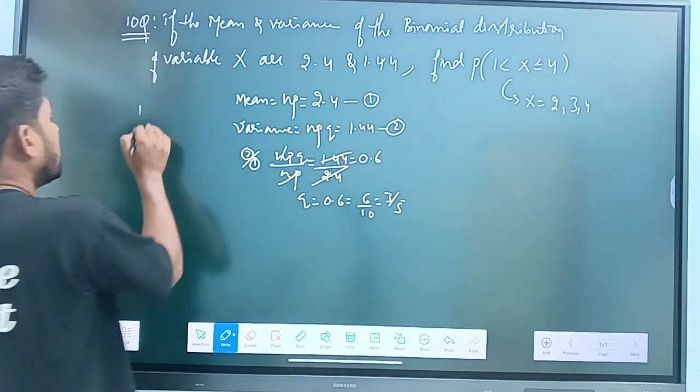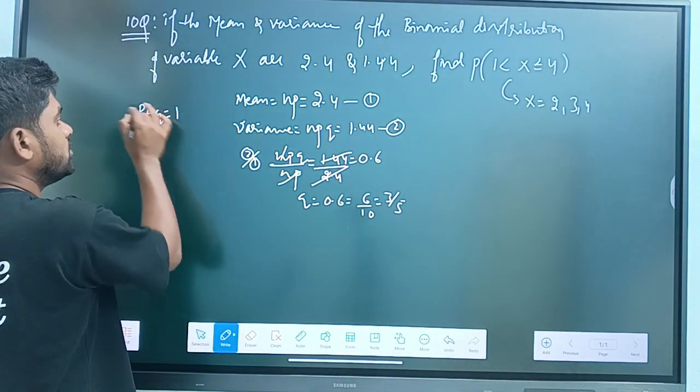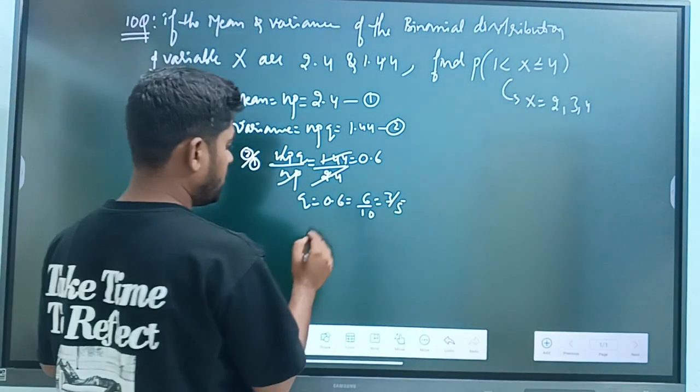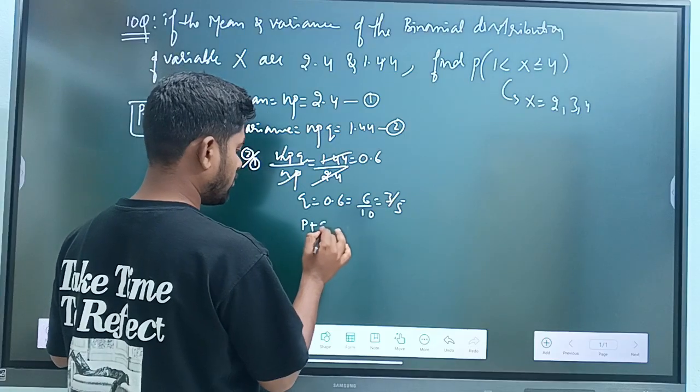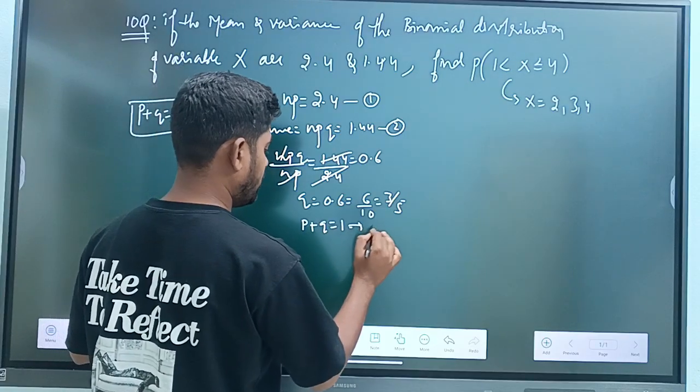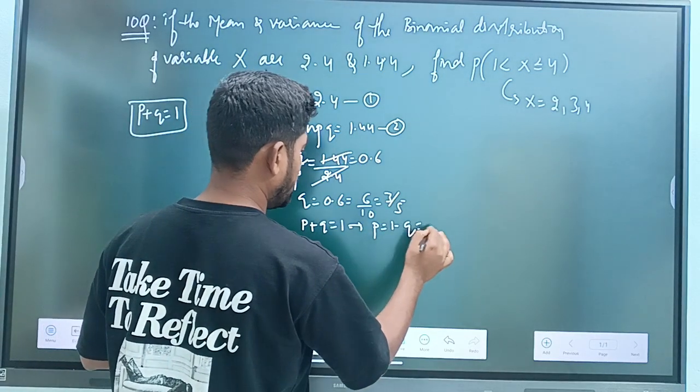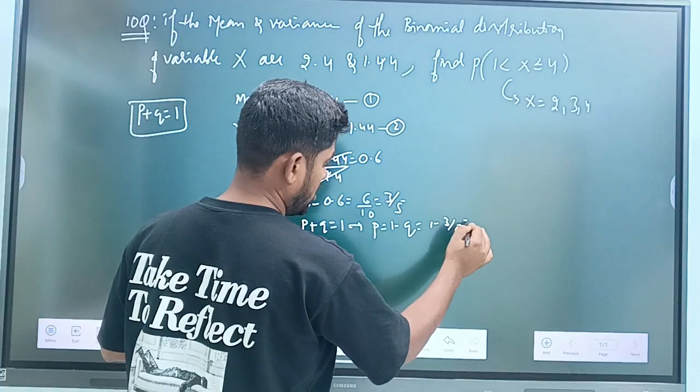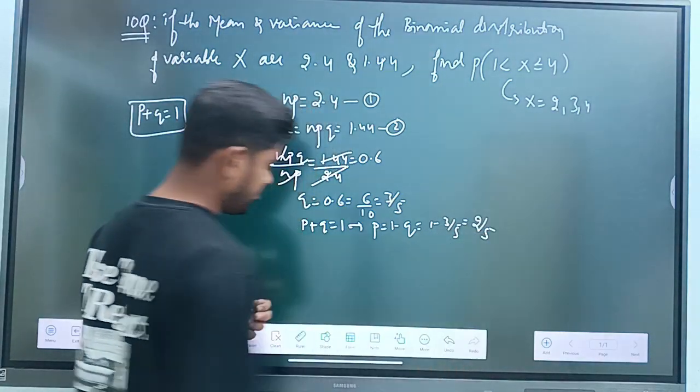And we know that p plus q is always 1, so p is 1 minus q, that equals 1 minus 3 by 5, which is 2 by 5.